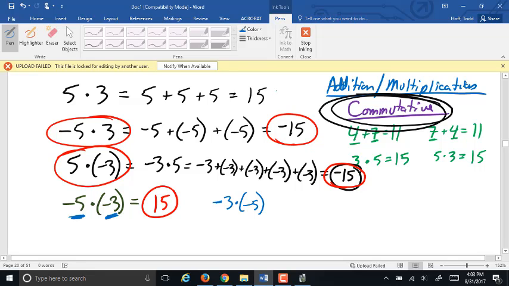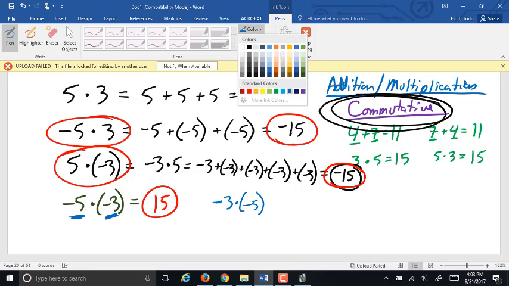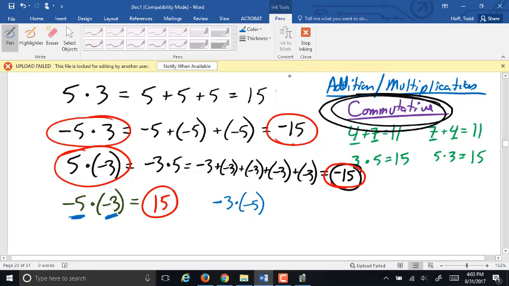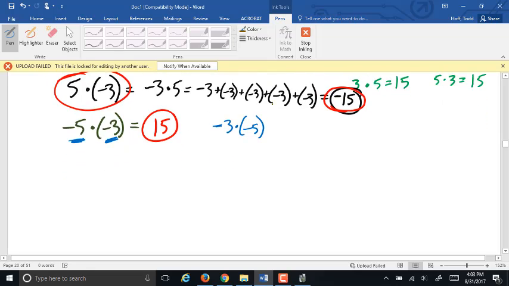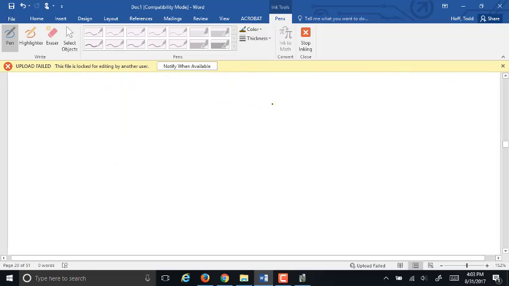Our definition of multiplication doesn't work with this problem. We run into that actually quite a bit in math, where the basic definition of an operation or of a process doesn't work on a particular problem. When that happens, what we do is we go back to places where it does work and we try to create a pattern.